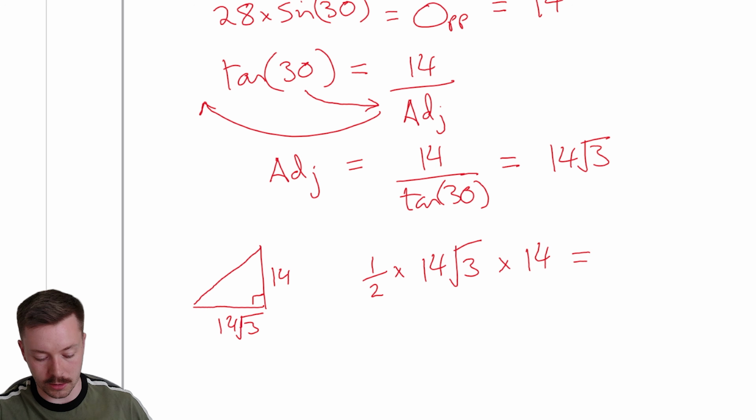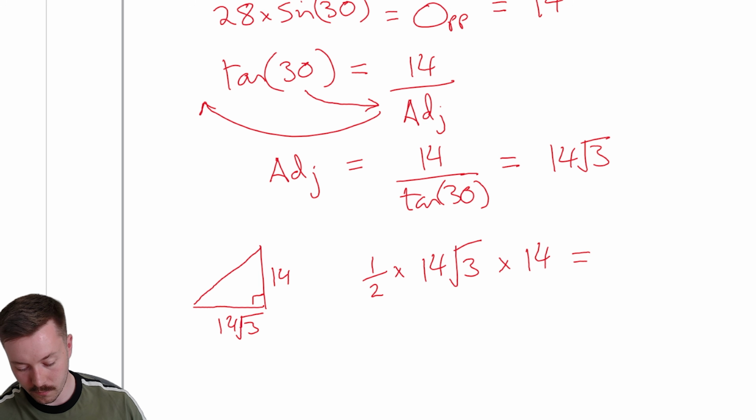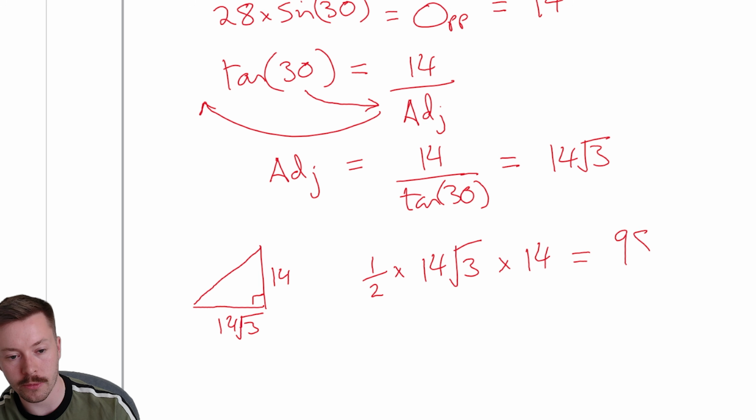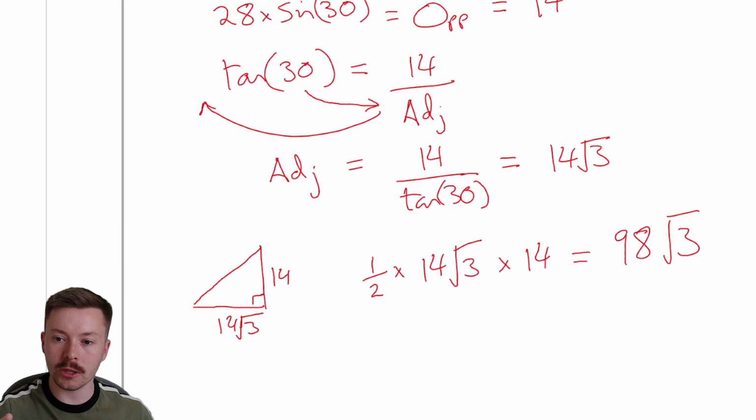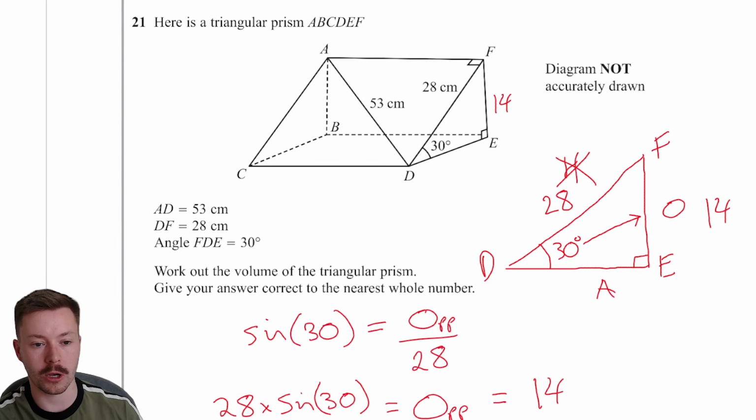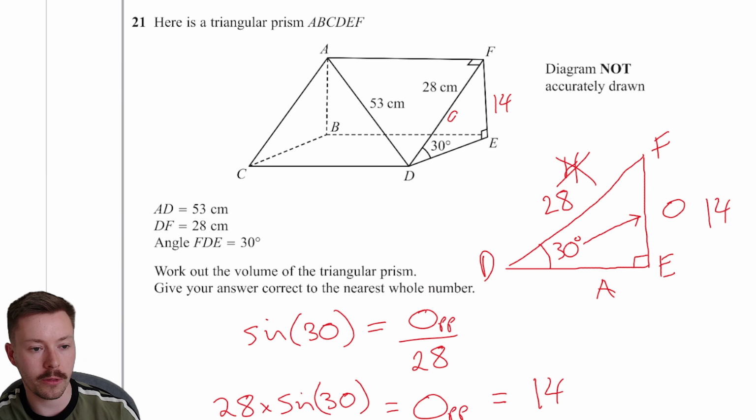That gives me an answer of 98 root 3. Now I'm going to go back up to my diagram and just put that on. So I've got this area is 98 root 3.